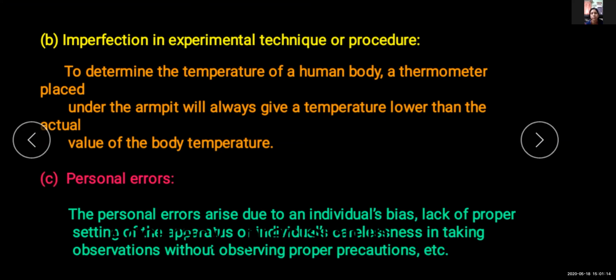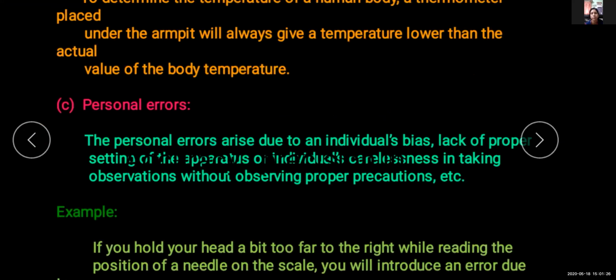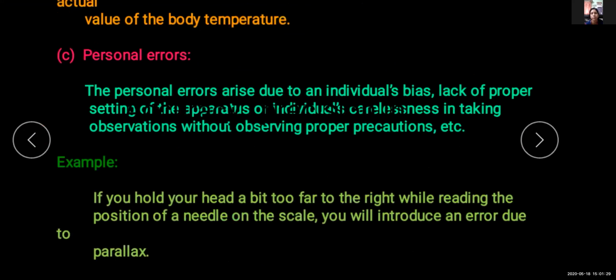When you do not take any precautions, this is called personal error. Due to these errors, there is some uncertainty in measurement. Example: if you hold your head a bit too far to the right while reading the position of a needle on the scale, you will introduce an error due to parallax.